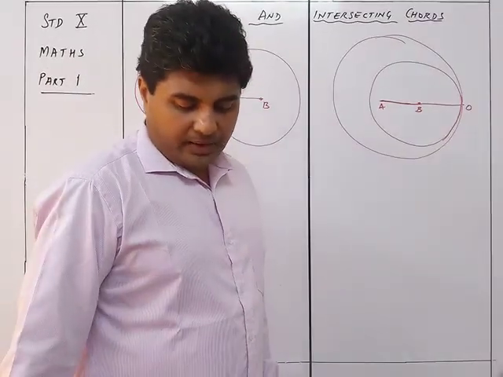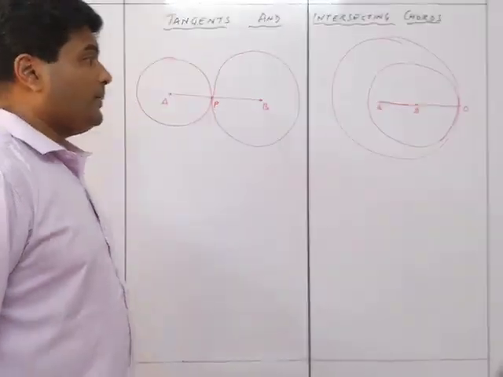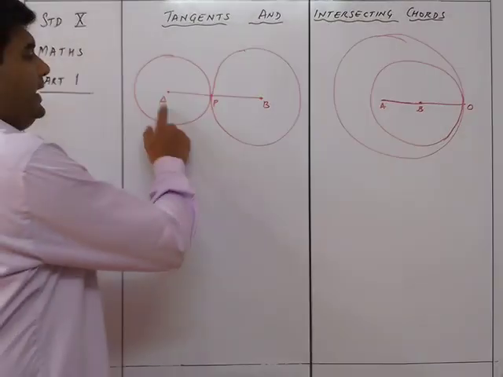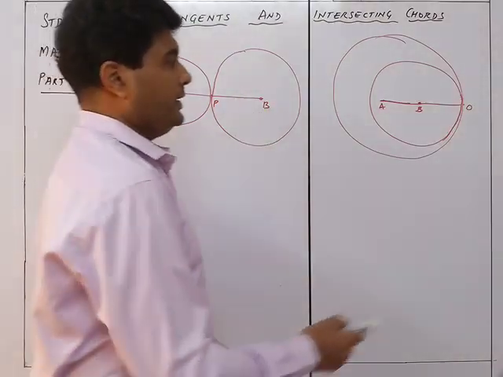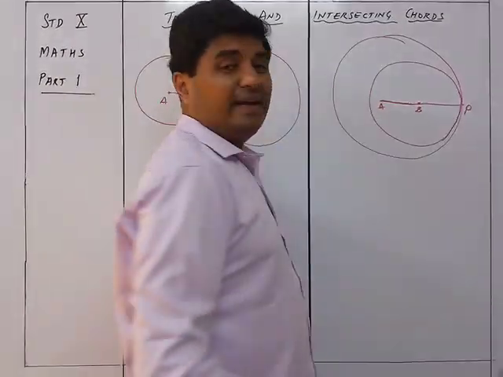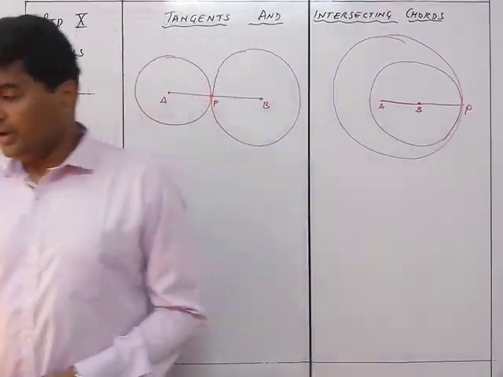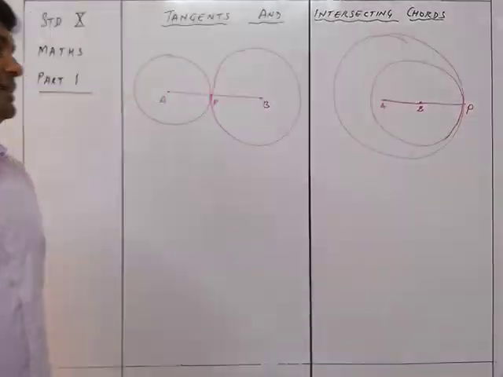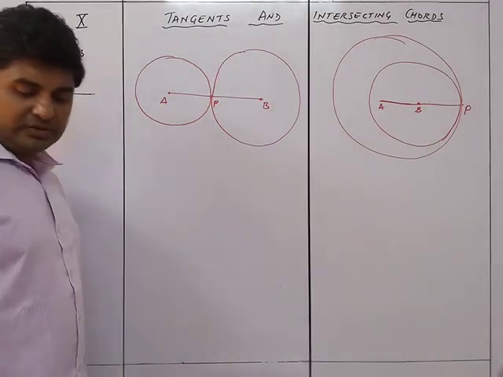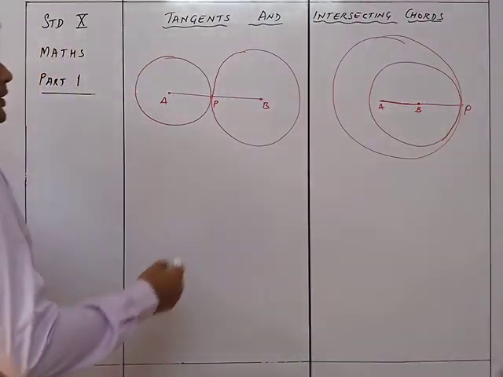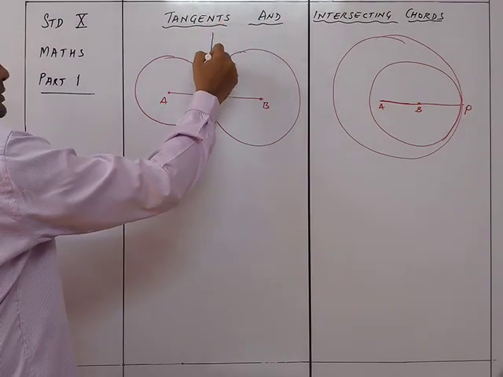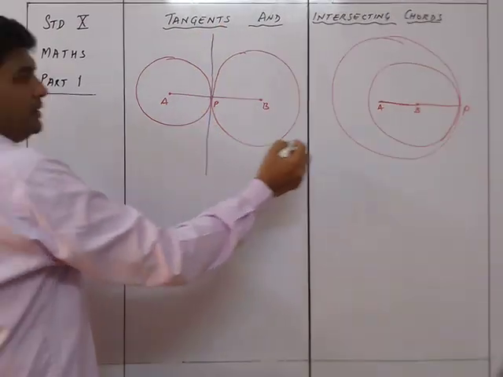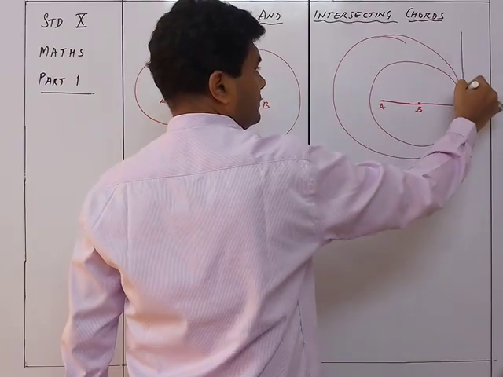Now what we are proving over here is that APB is a straight line. So it's a very simple proof. You just need to draw a tangent over here and a tangent over here.